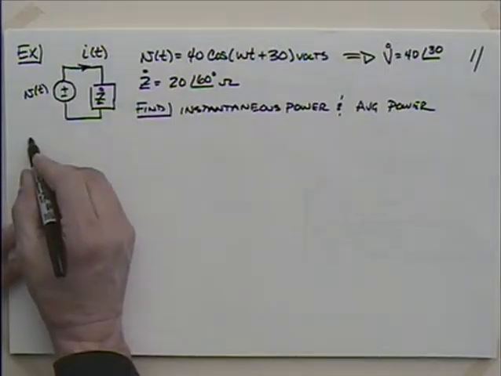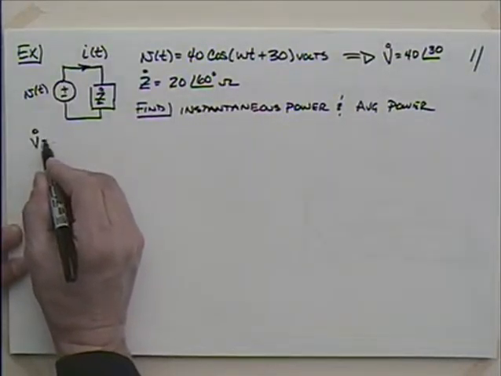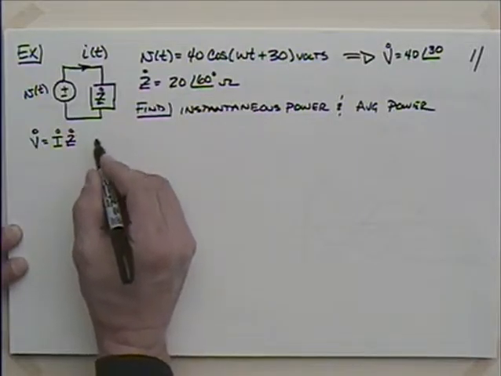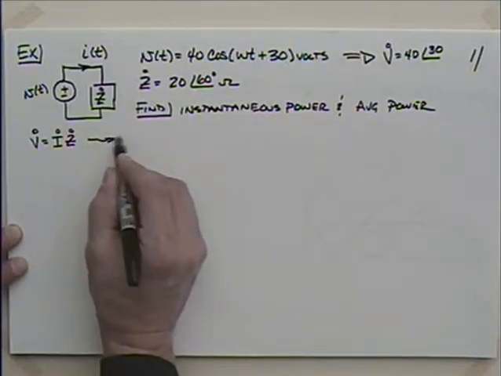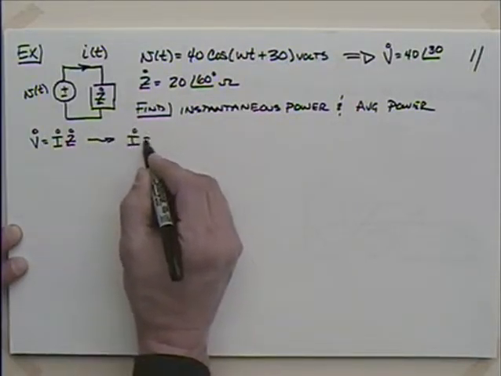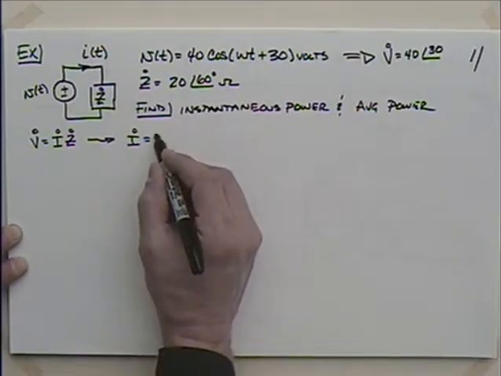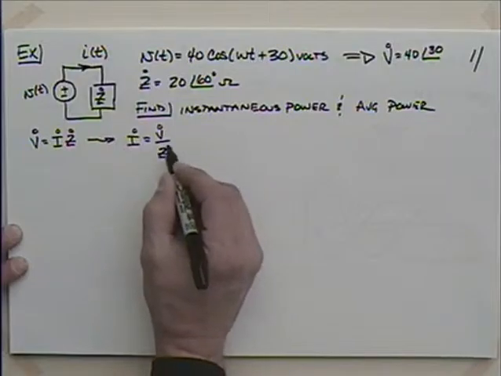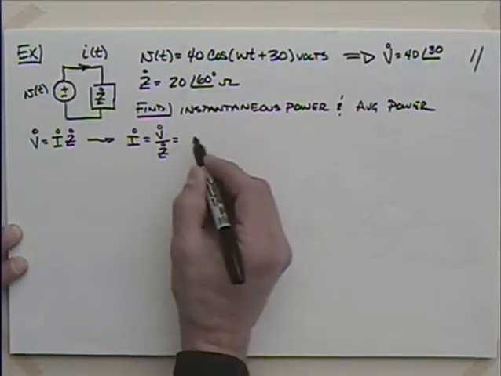Well, we know that, of course, with Ohm's law, voltage is equal to current times the impedance Z. So we could say that the current I is equal to the phasor voltage V divided by the impedance. So let's make that work out.